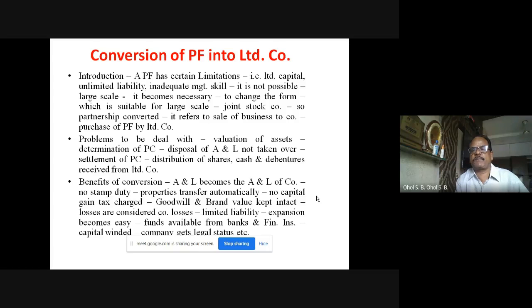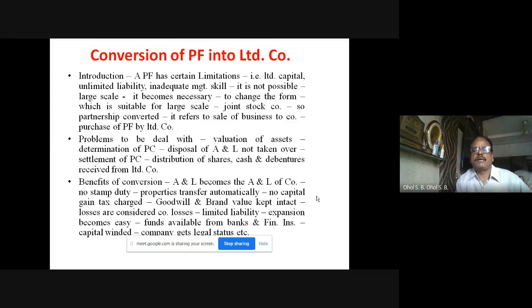In the case of conversion of a partnership firm into a limited company, the laws and acts give permission to convert easily, and no stamp duty is paid to the government. This is also a saving for the partnership firm as well as the limited company.